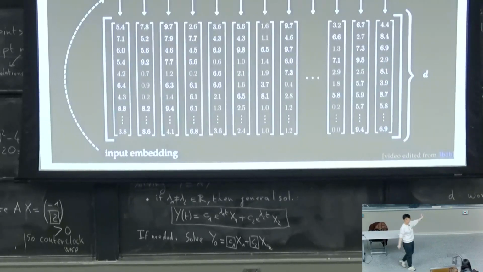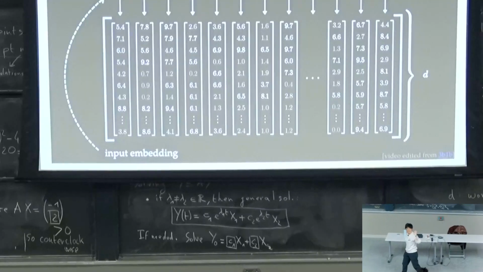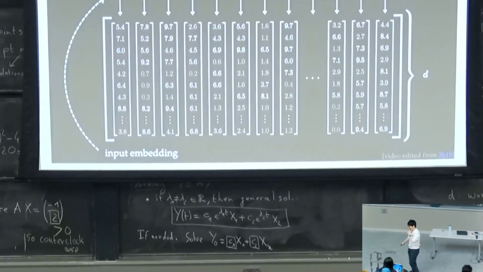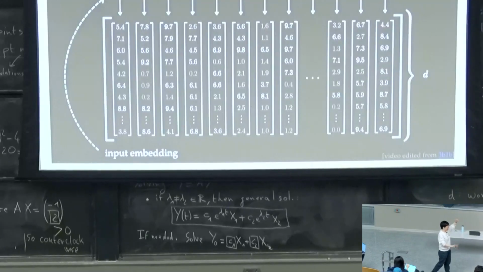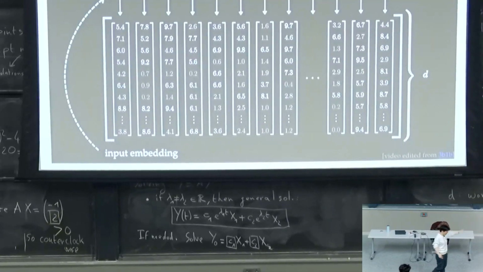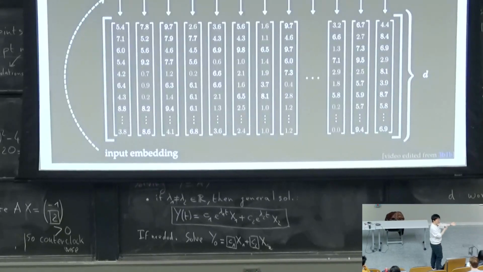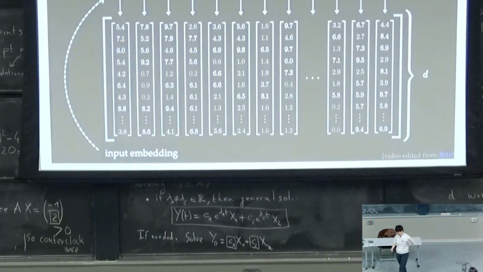For reference, GPT-2, which is a relatively small model, has a D of 768, which you also encountered in your homework. The numbers don't really matter, just the magnitude. In GPT-3, it's already increased to 12,000. So in modern day, the theme of the trend is really just go bigger and go deeper.